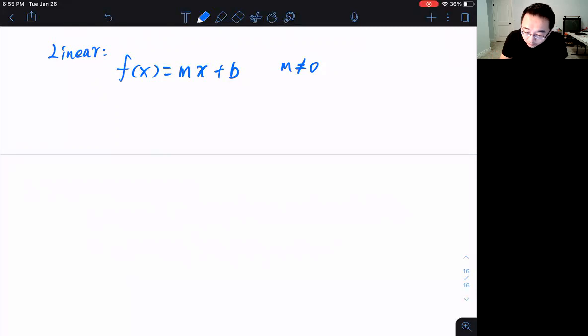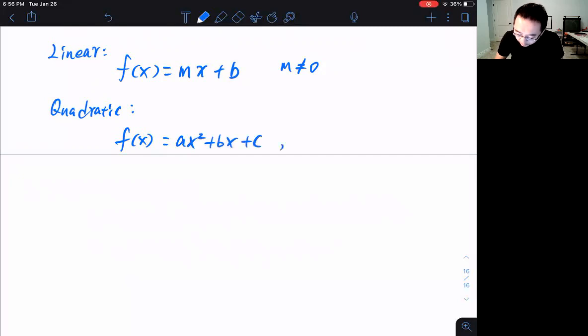Then your quadratic form of a function is when f of x equals ax squared plus bx plus c, where a, b, and c are real numbers, and a doesn't equal 0, because if a equals 0, that would give you your linear function. So a cannot be 0 for it to be a quadratic function.